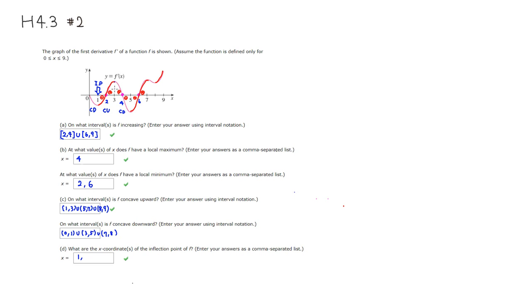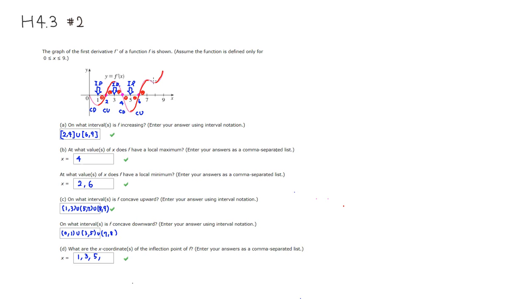Here it goes from concave up to concave downward, so at 3 you're going to have an inflection point. Then concave down to concave upward, so at 5 you also have an inflection point.